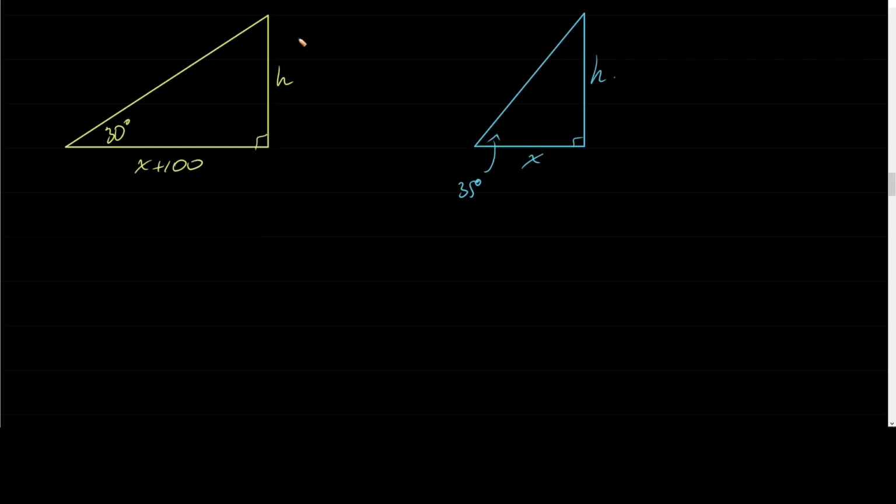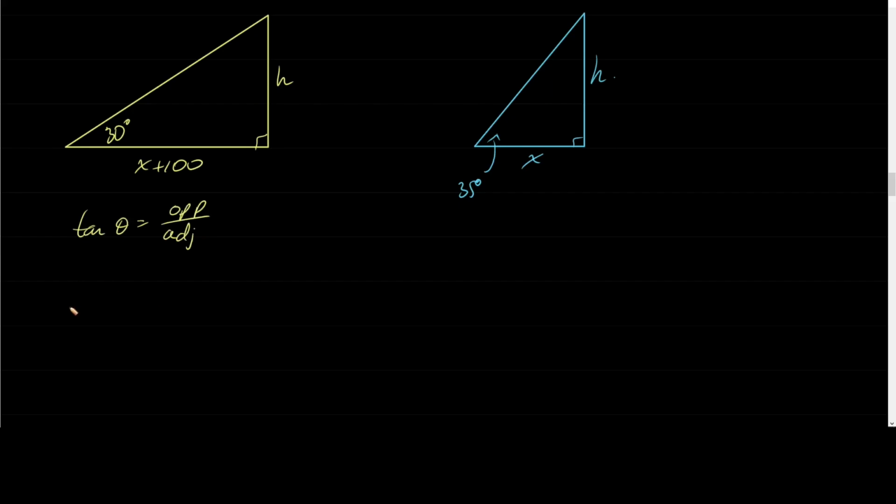All right. So now that we've got that, we've got all the information that we really need. So let's go ahead and solve this. Well, from the yellow triangle, I got to figure out what h is. I got to relate these two sides with this angle somehow. I've got the opposite. I've got the adjacent. So I'm going to use tangent. So I'm going to use tan theta being equal to opposite over adjacent.